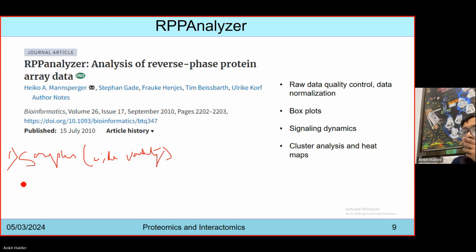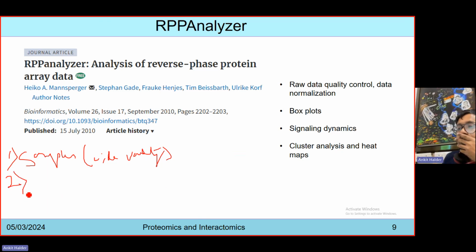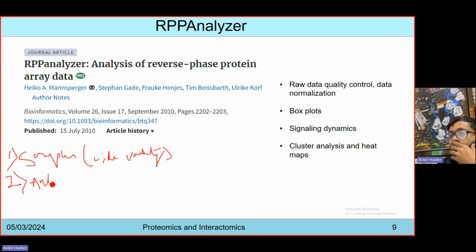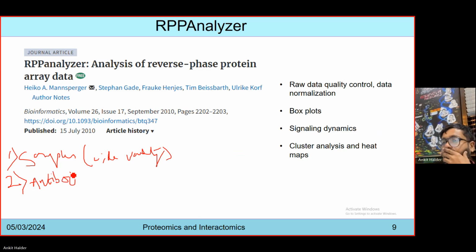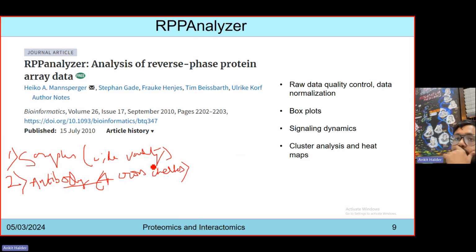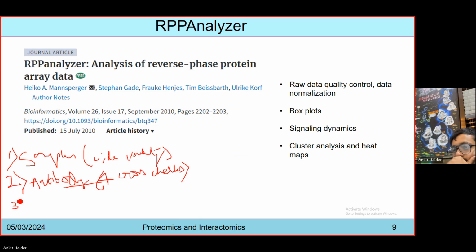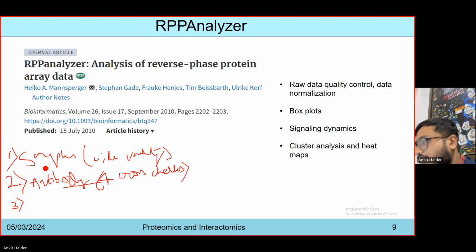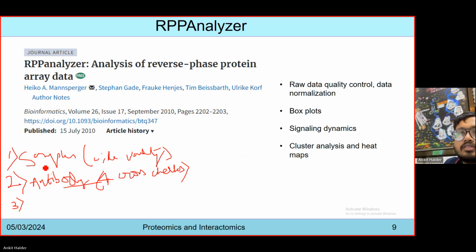Second is the antibody, which needs to go through four different cross checks before going to the final analysis.